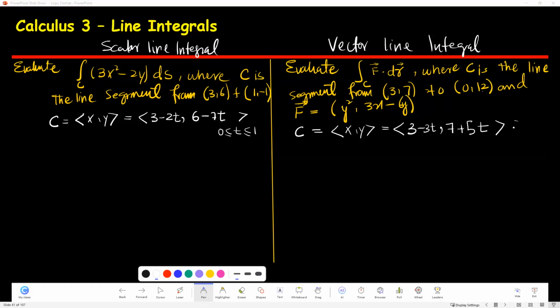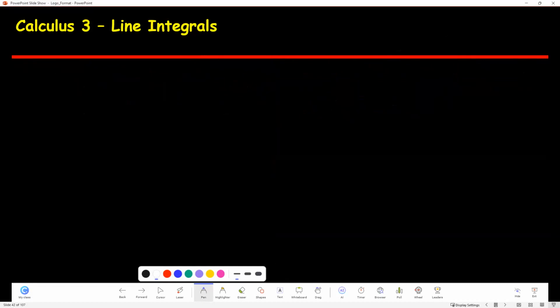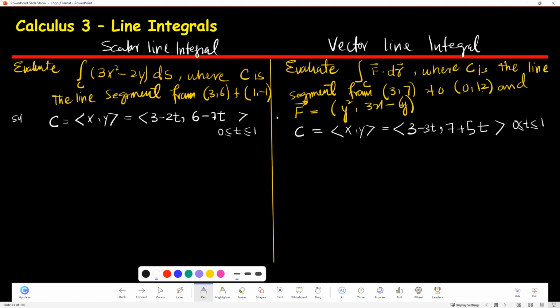Again, the value of t is going to go from 0 to 1. If I substitute 0, you get this point. If I substitute 1, you get this point. Okay, pretty much done. That is my solution here.